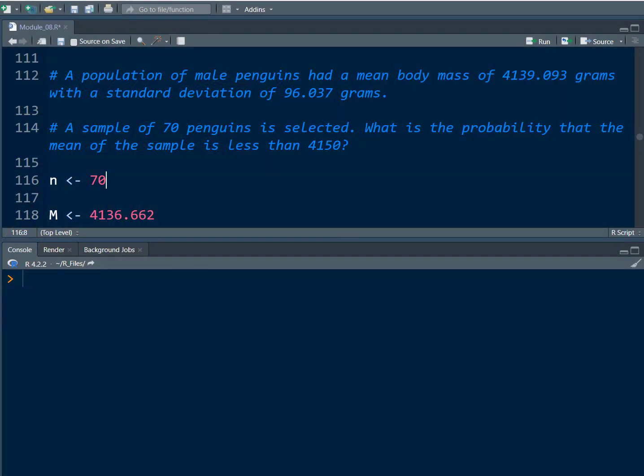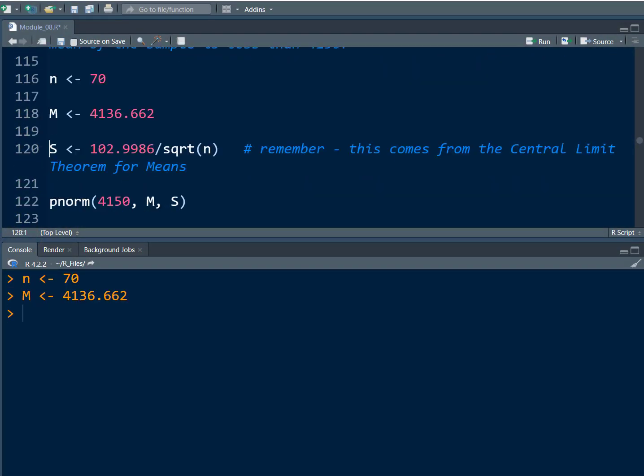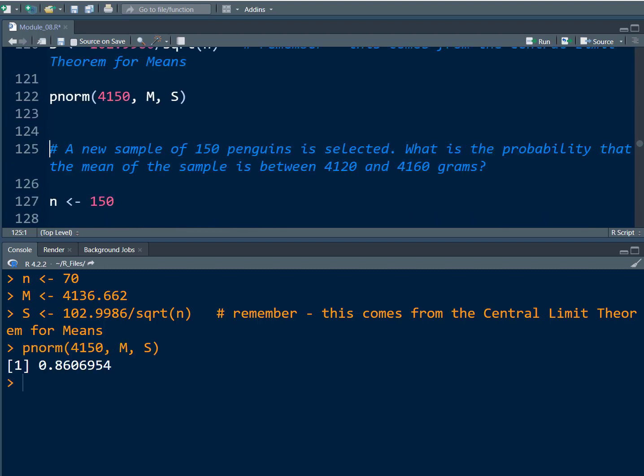Let's define n to be 70, m to be 4,136.662, and s to be 102.9986 divided by the square root of n. The probability that x bar is less than 4,150 is p norm 4,150, m, s. We find the probability to be 0.8607.